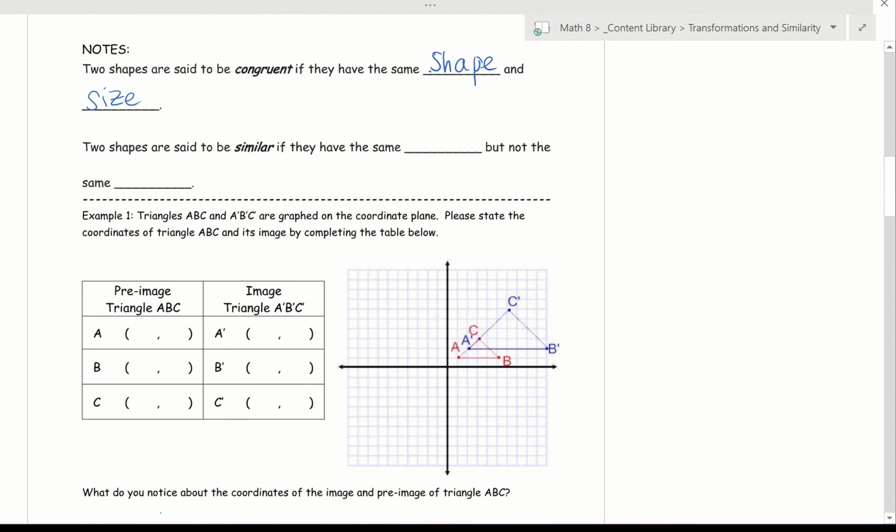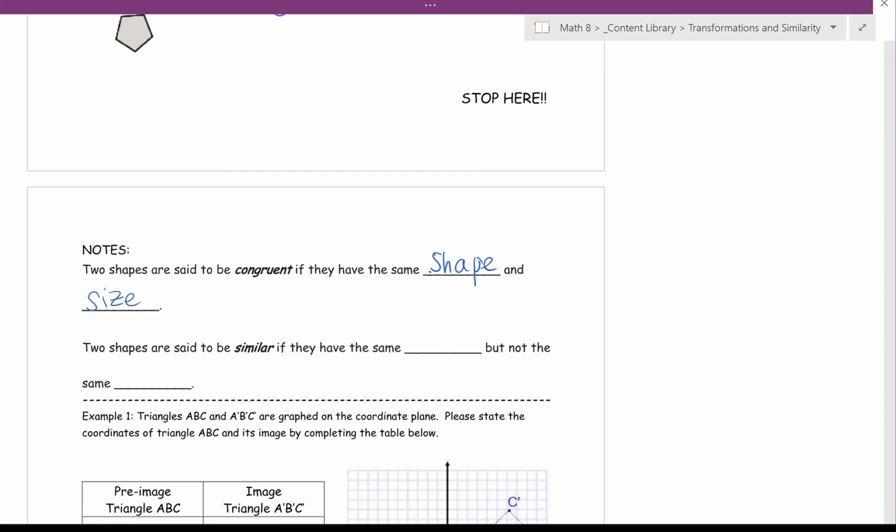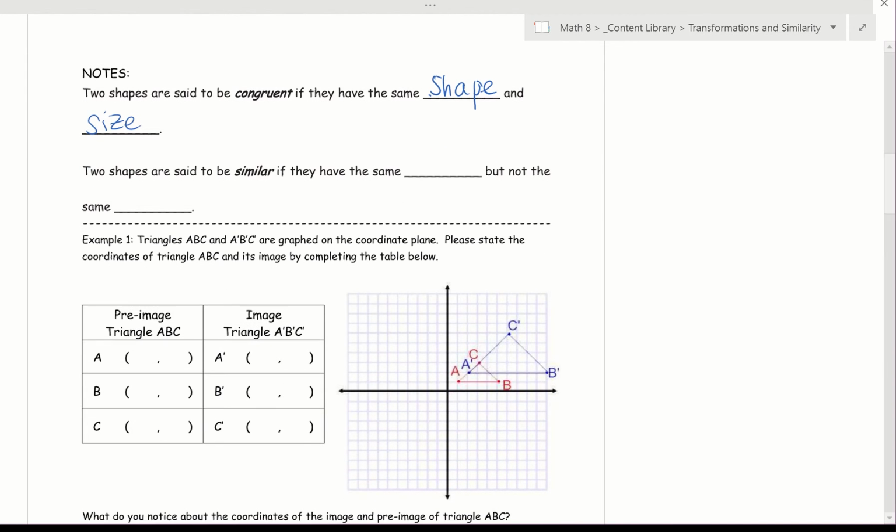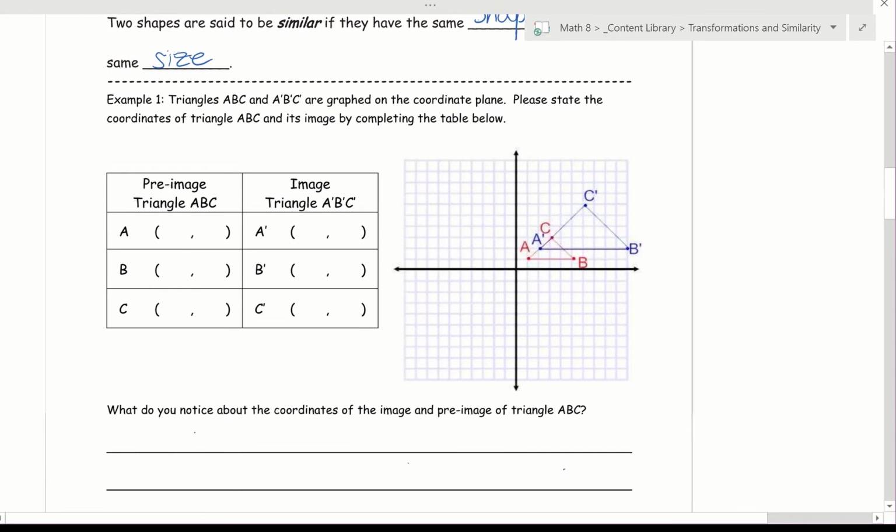Two shapes are said to be similar if they have the same blank, but not the same other blank. Well, they're similar if they have the same shape, but not the same size.